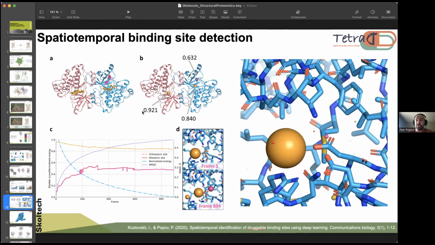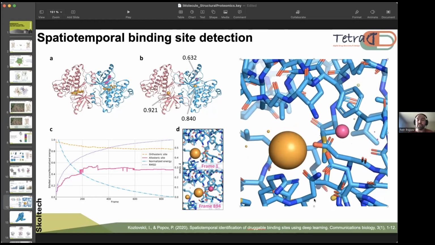This is the example of the GFR I showed you before, an asymmetric dimer. In the blue subunit, we have two ligands, and the magenta one is the allosteric ligand. In the pink subunit, we have only the orthosteric ligand. So the pink subunit corresponds to the unbound structure with respect to the allosteric ligand, while the blue one corresponds to the bound structure. If we model this transition from the unbound to bound structure, we may see that the method can predict the opening of the allosteric binding site from the simulation.